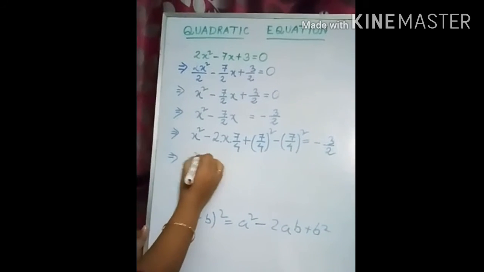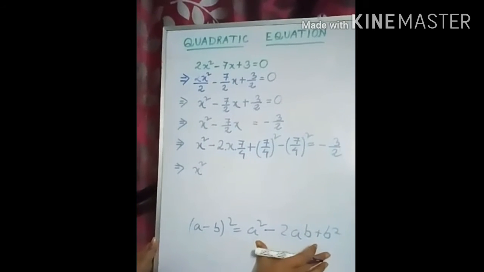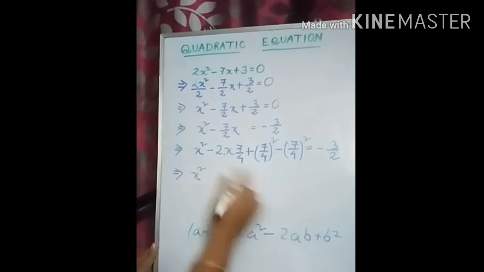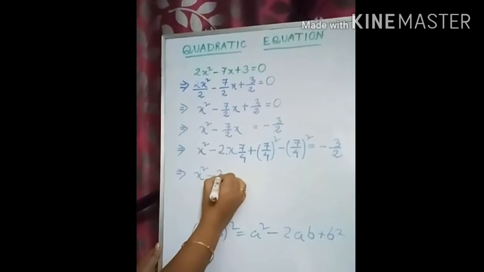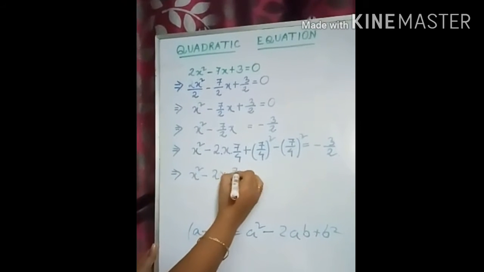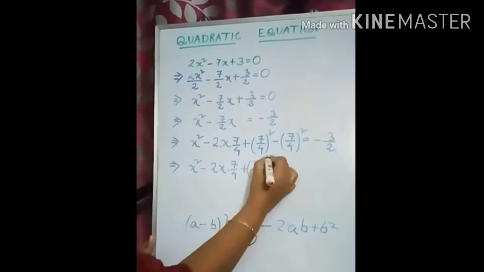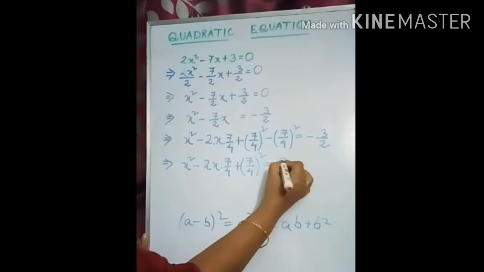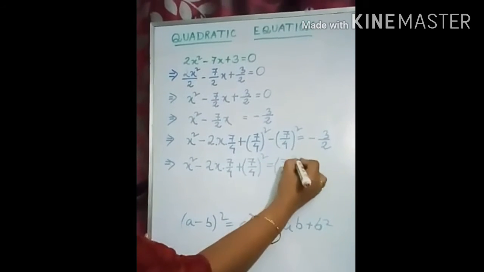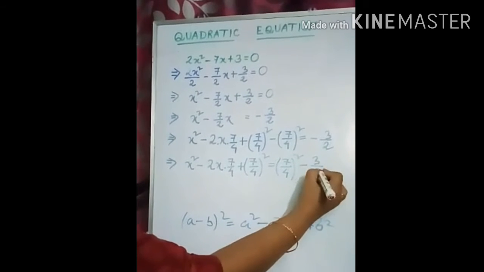Now I will write down only the a minus b whole square part, meaning a square minus twice ab plus b square. So x square minus twice x into 7 by 4 plus 7 by 4 whole square equals 7 by 4 whole square minus 3 by 2.